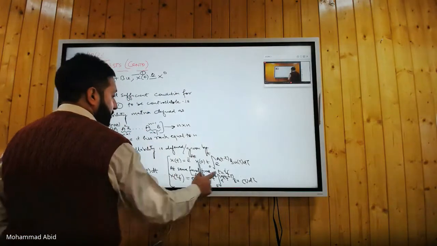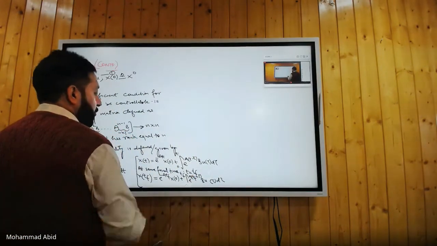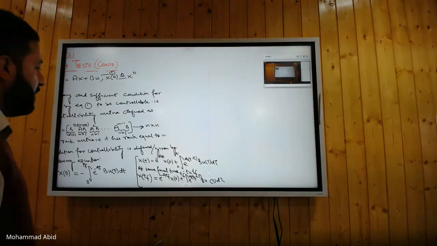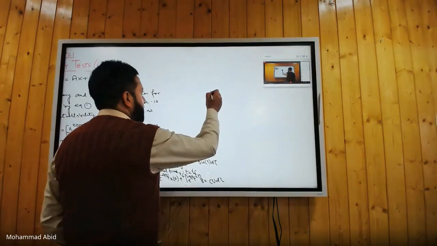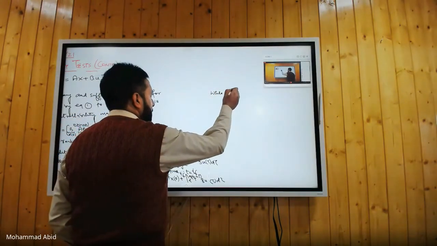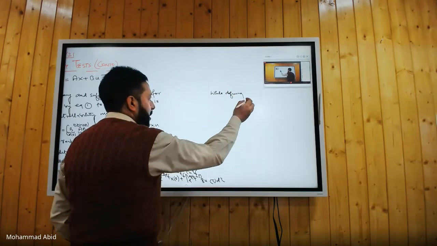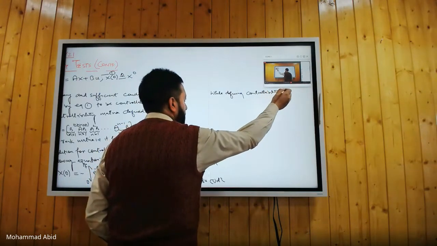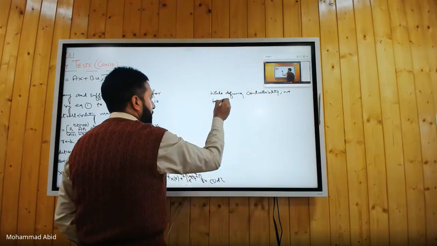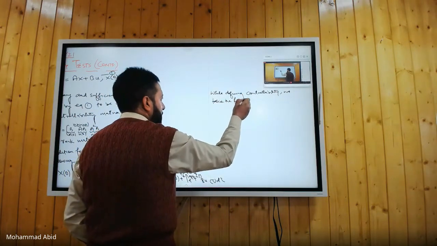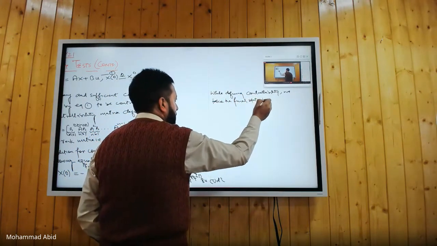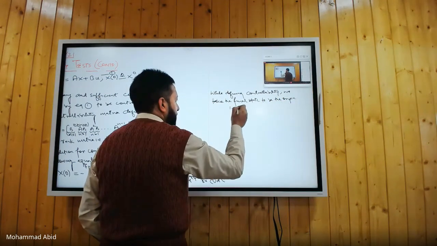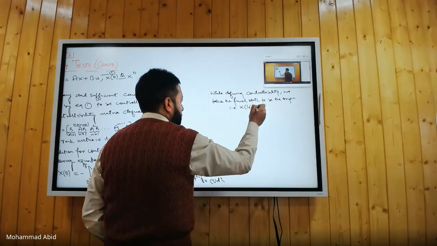So why has this equation come from here? Now when we define controllability, we take the final state to be the origin. Isn't it? That is, x(tf) we take equal to 0.